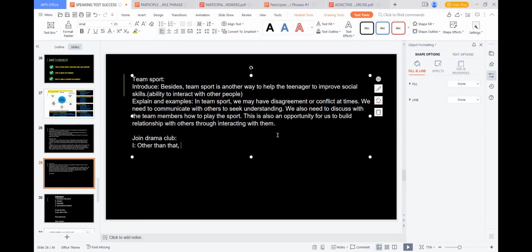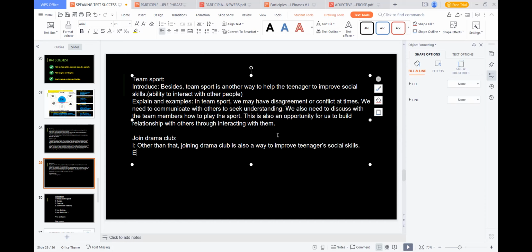Drama club is also a good way to improve social skill for teenagers. Joining, you must use a gerund at the beginning because this is a noun; a subject must be in -ing. Joining drama club is also a way to improve teenagers' social skill. Okay, good.